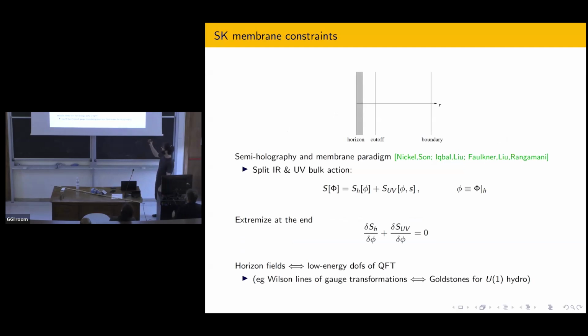We can think of separating the bulk from the horizon to the boundary in two pieces, where we put a cutoff surface. And in our calculations, we will take this cutoff surface to be really close to the horizon. In that case, the bulk action is separated into two pieces, what I call the horizon action and the UV part. And here, pi are the values of the bulk field on this cutoff surface.